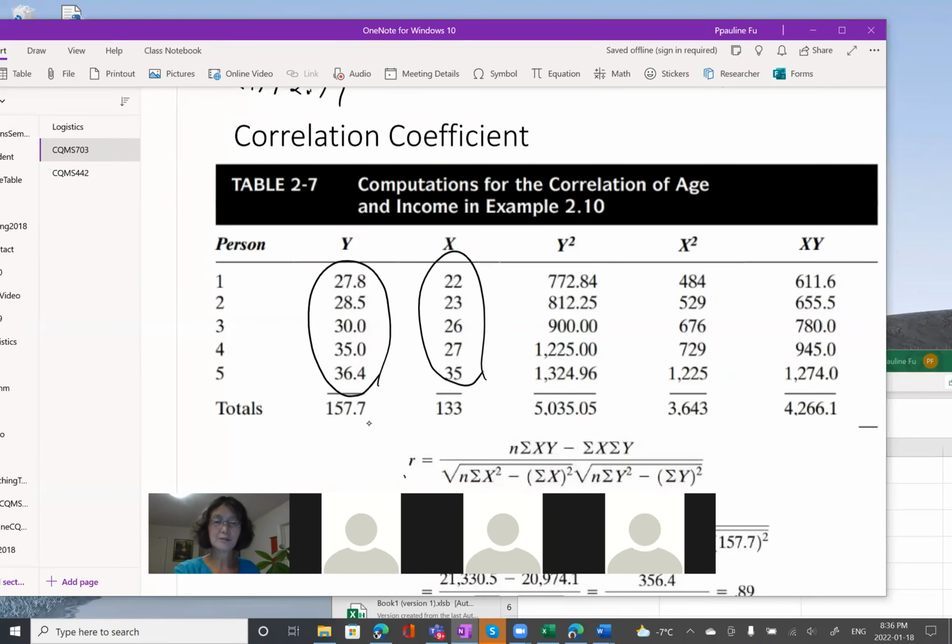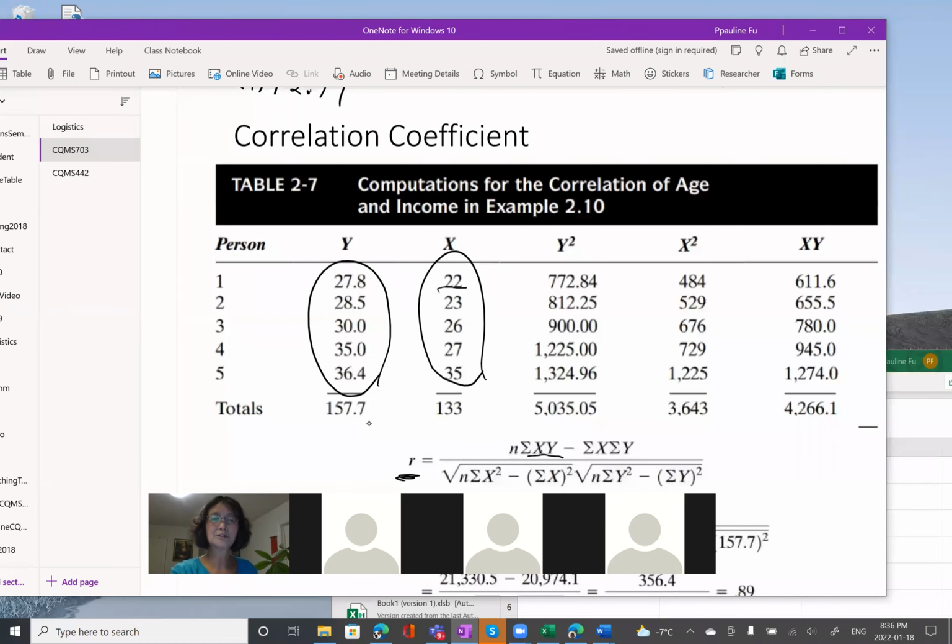One method uses the formula. Based on this formula, you need to calculate X times Y, and then add all of them together.